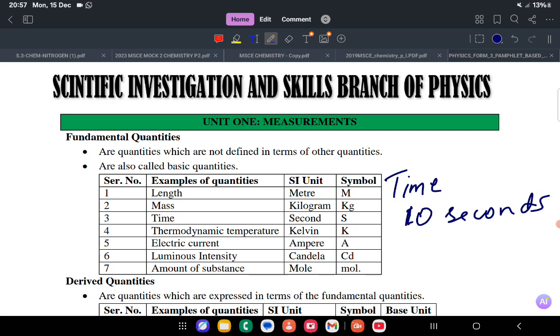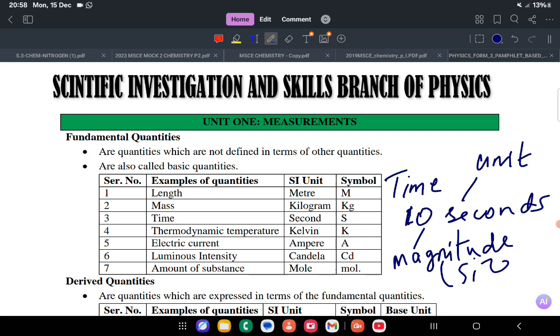So we are saying every physical quantity has two parts. It has the size, which is called the numerical magnitude, but it also has another part, which is the unit.